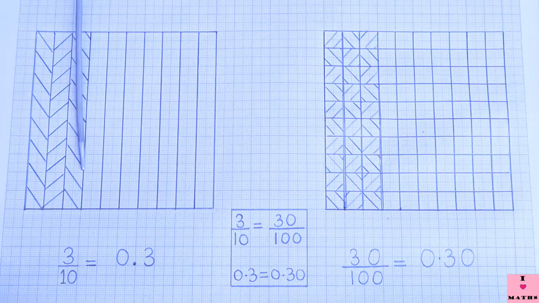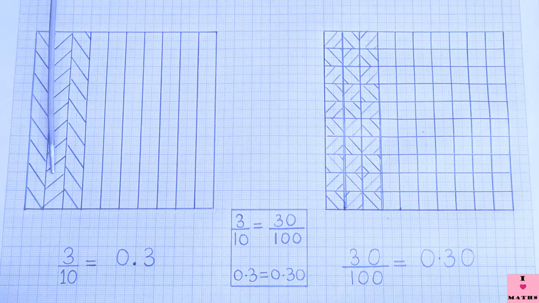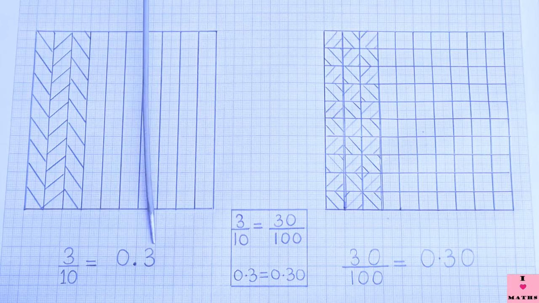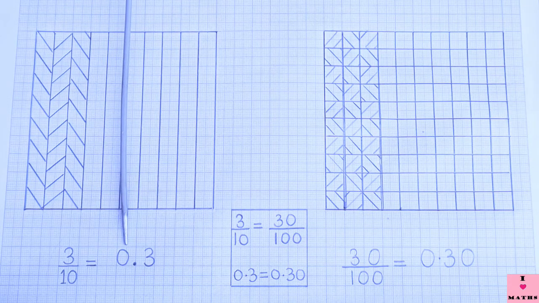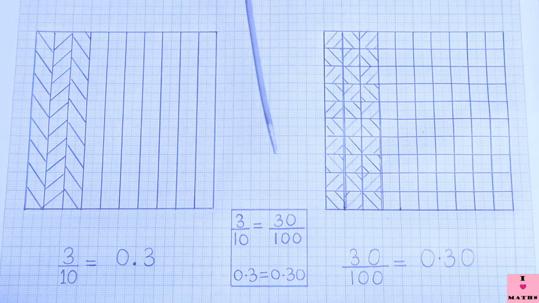So the fraction for the shaded parts is 3 out of 10, or we can say 3/10 have been shaded. So children, the decimal for this fraction is 0.3.